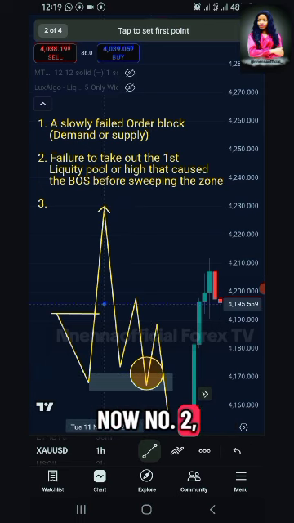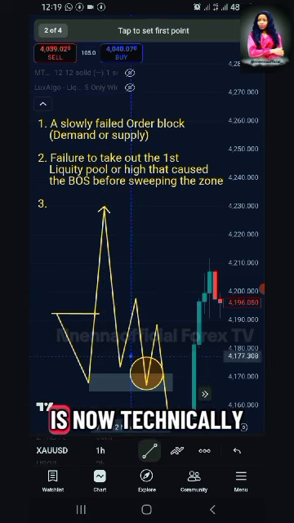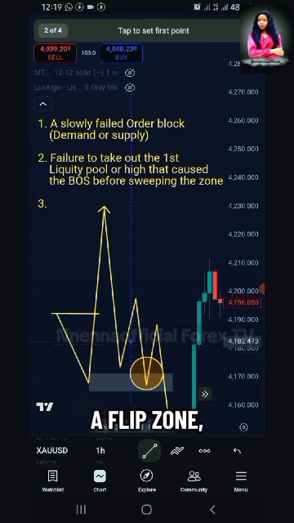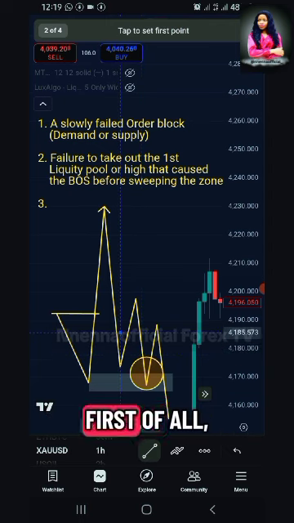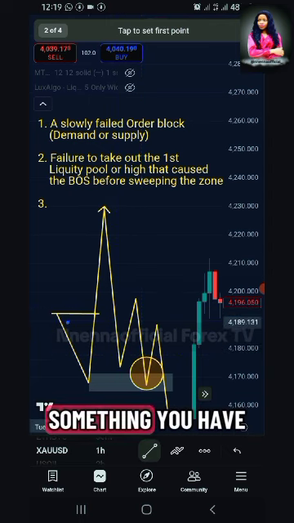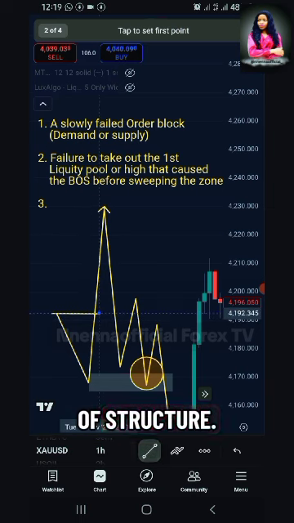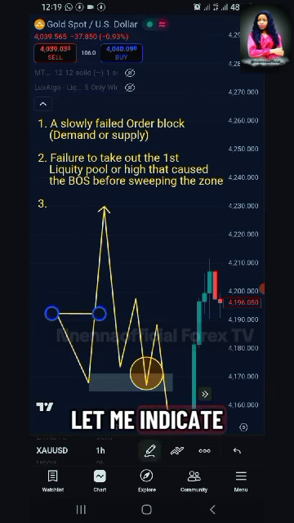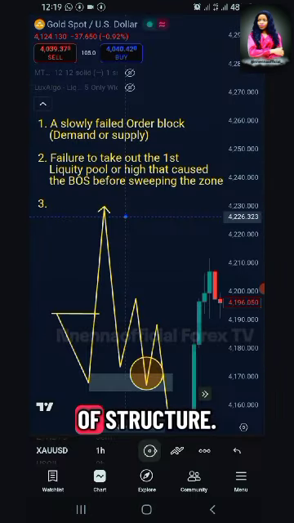Now, number two, how do we technically confirm that a failed zone is now technically a flip zone, which is another trade opportunity? First of all, something you have to check is the high caused by the break of structure.